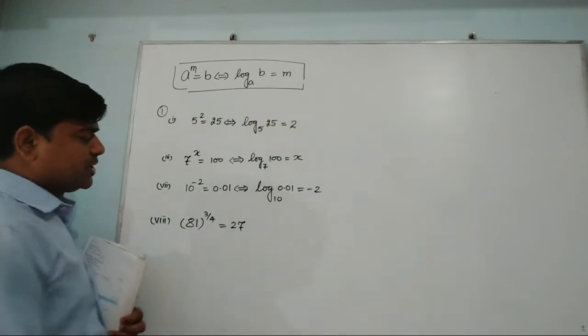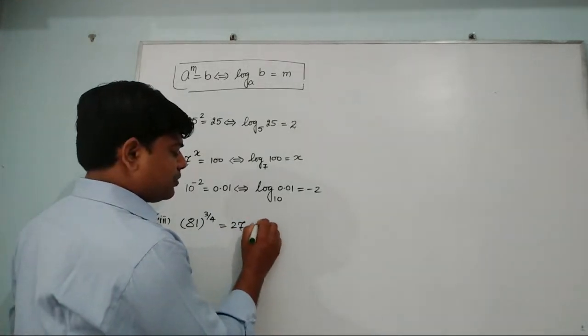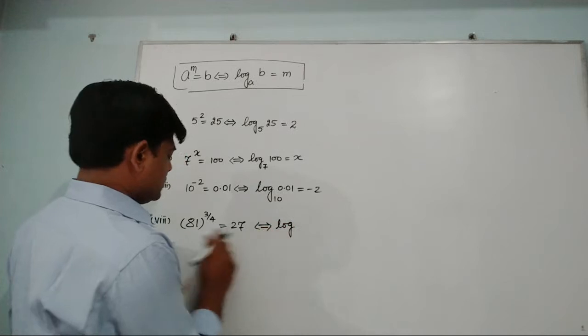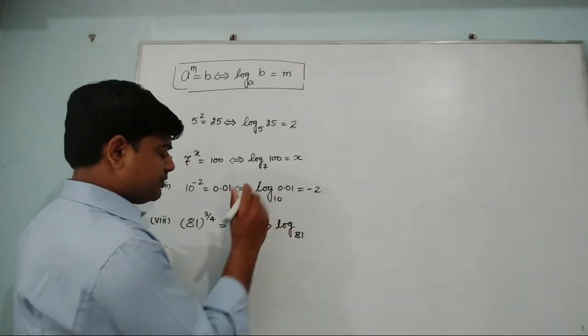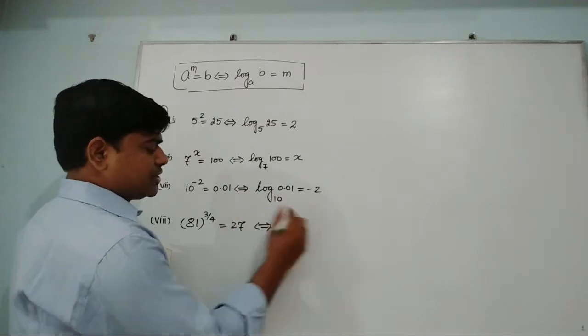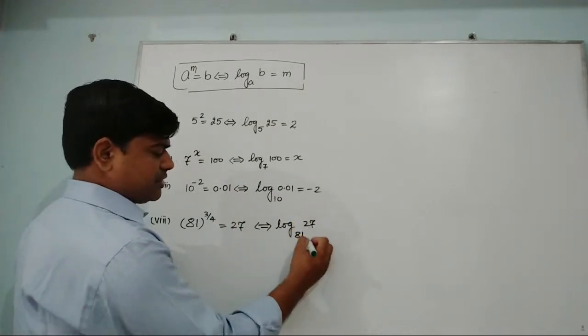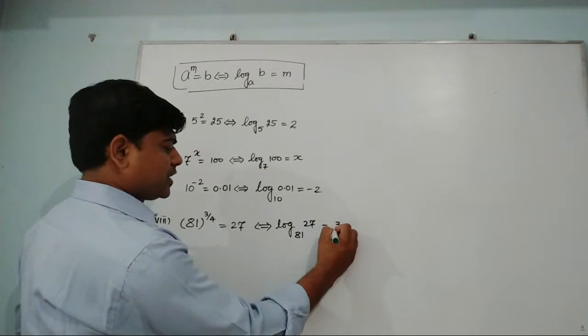What should I do? When we write it in the form of logarithm, log, here I am having base as 81, again I will write 81. This one is 27, I will write 27, and that is equal to 3 upon 4.